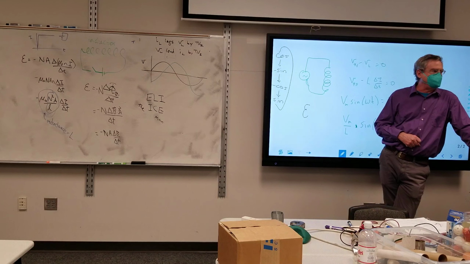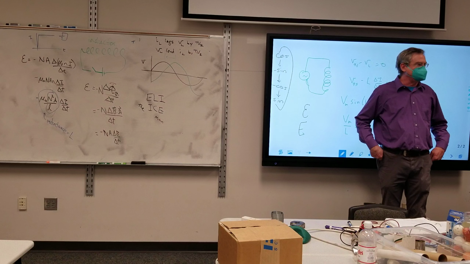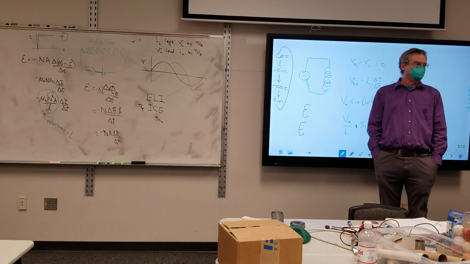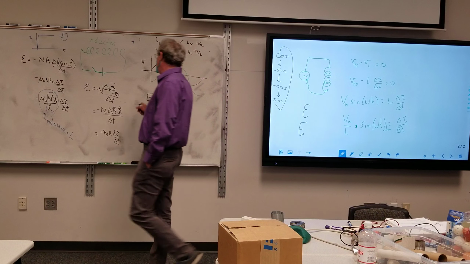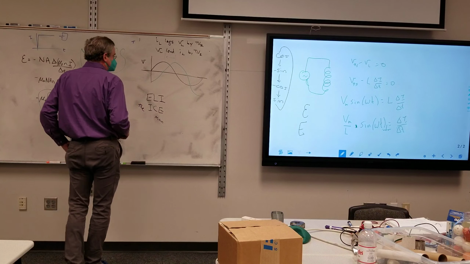And so there are a number of textbooks that just use a capital E for voltage instead of epsilon or V. Not that it's confusing with energy or anything like that. So if you think of E as an EMF, for an inductor, the EMF leads the current. For capacitance, the current leads the EMF.